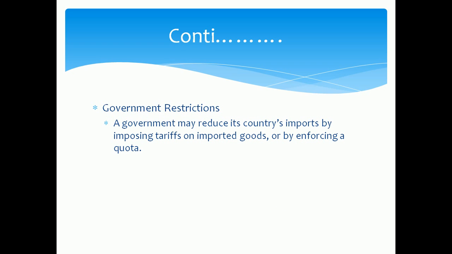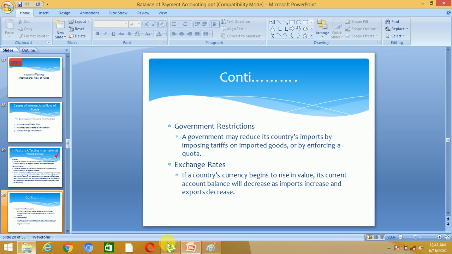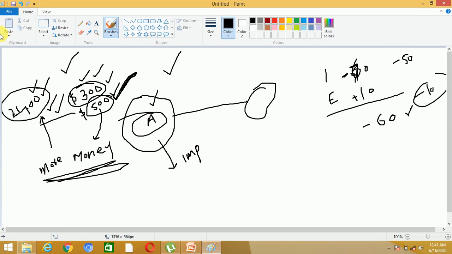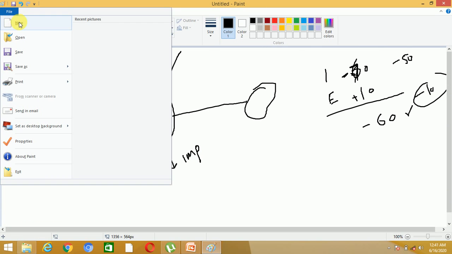The third thing that is affecting international trade flow is government restrictions. A government may reduce its country's imports by imposing tariffs on imported goods or by enforcing a quota. Take an example of India.